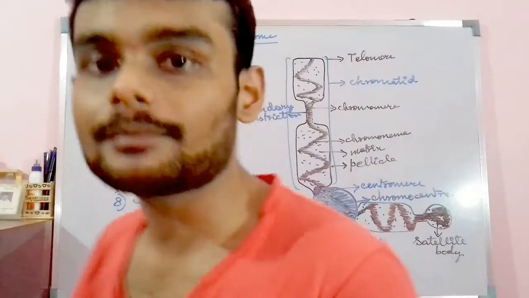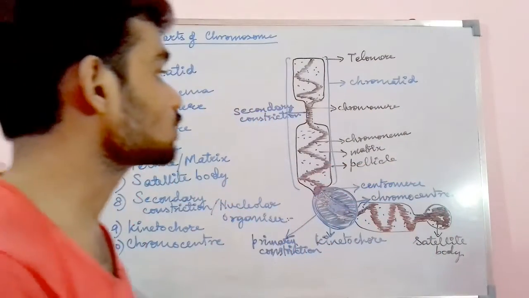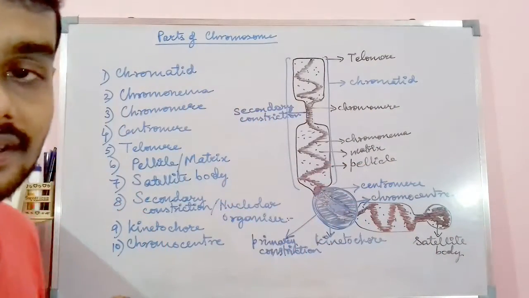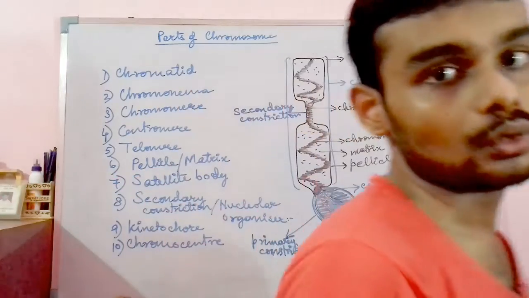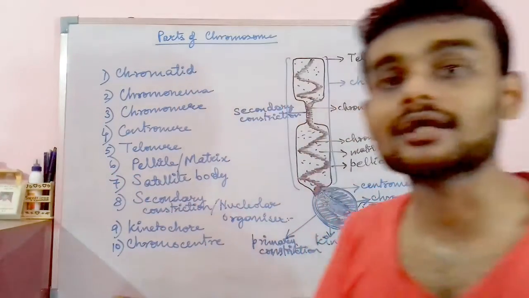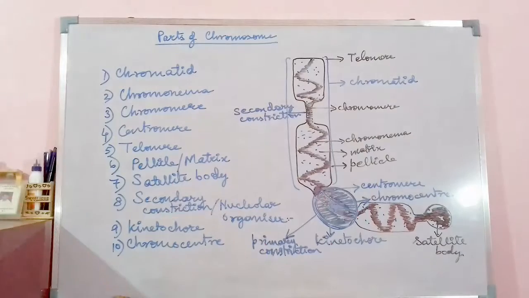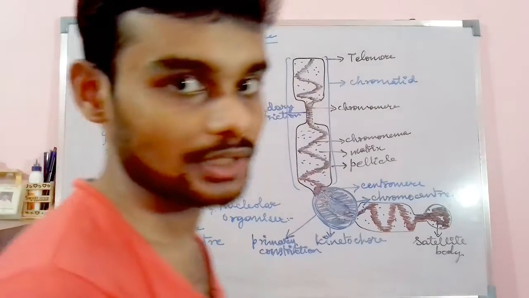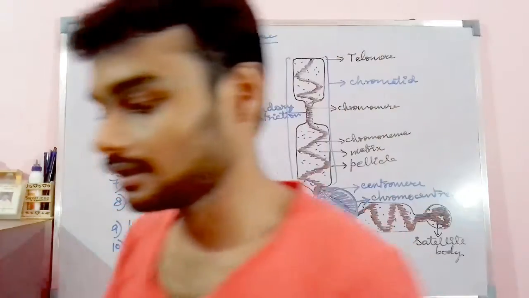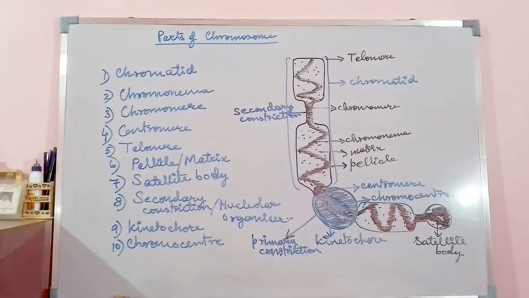Normally this chromonema is about 800 angstrom thick, containing 2 to 8 microfibrils of the DNA, which have double helix turns of the DNA.